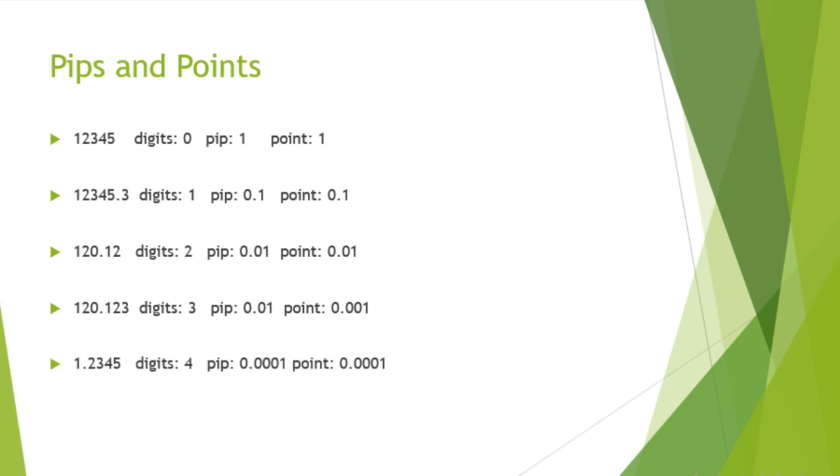The next case, what I will show you, is when we have 4 digits. Let's say this is the price of euro dollar, doesn't matter what example I would take, but it's a currency. So you will see 4 digits after the point, and here you don't have a point because the point is equal to the pip.